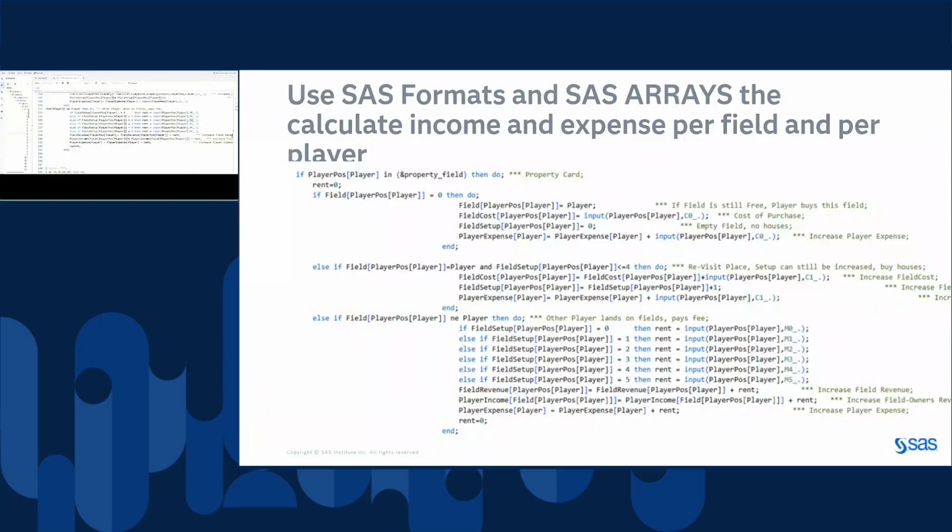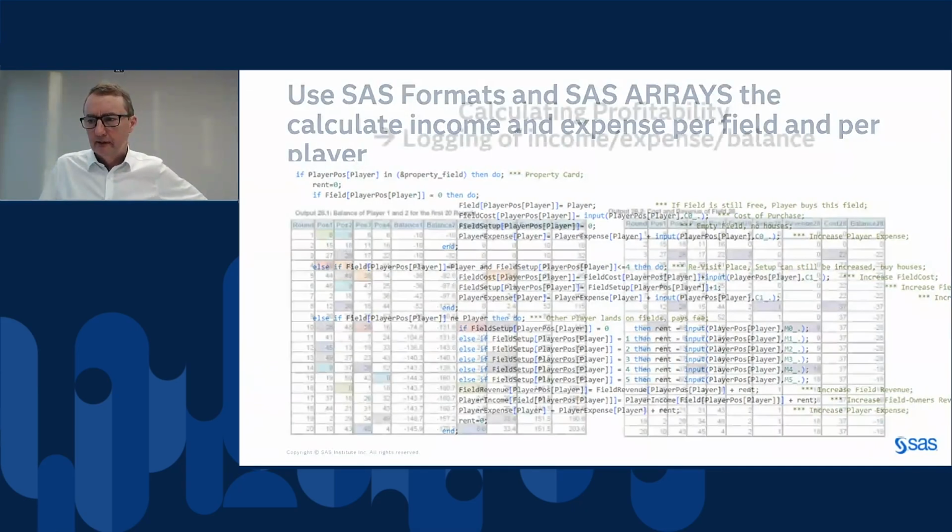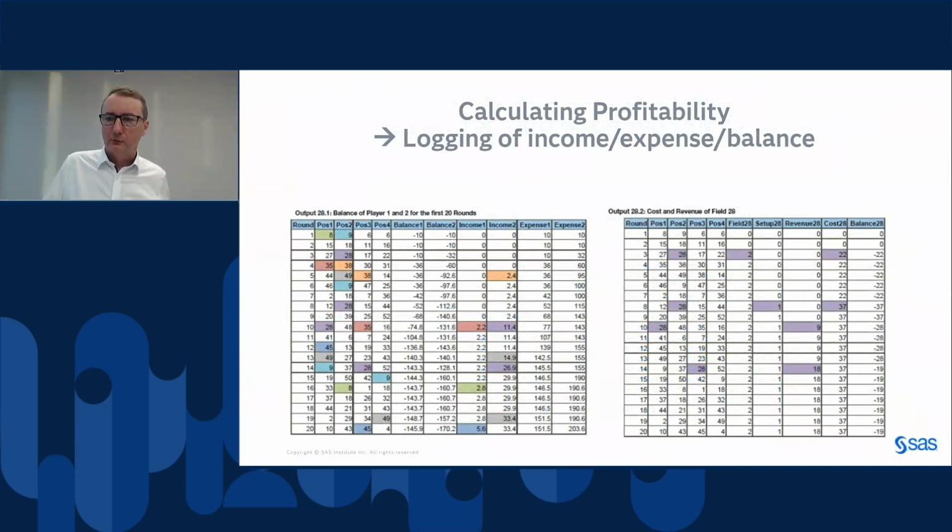And then I query a different format, because I have different rents for a smaller or a larger number of houses. So this is how you can do a lot of bookkeeping and calculating in a SAS data step, which allows you to do this in a very powerful way. And you also see here how this looks if you would do this, for example, for other properties and so on.